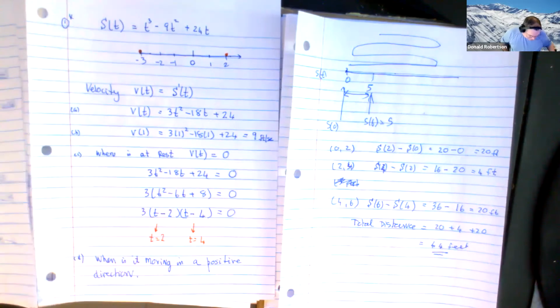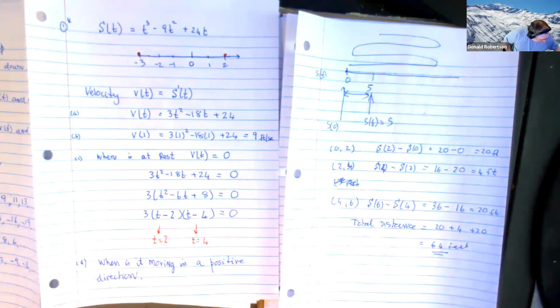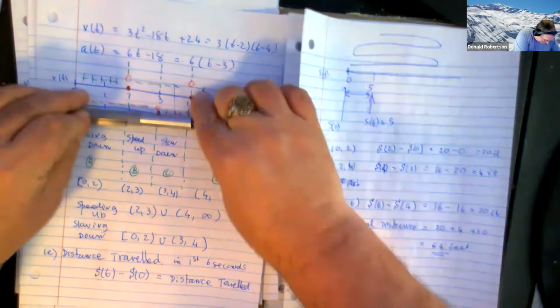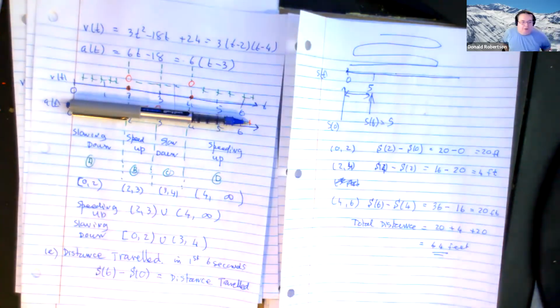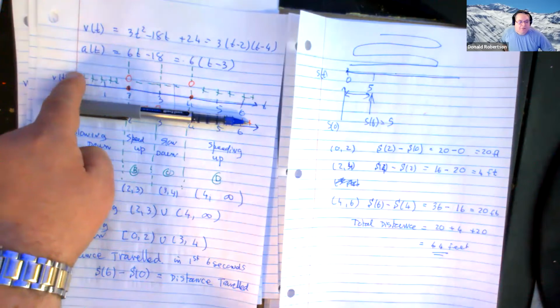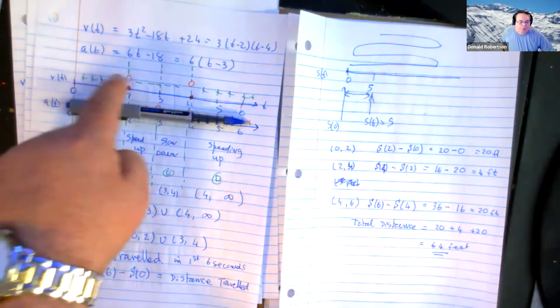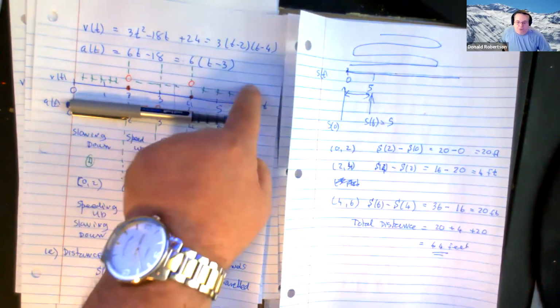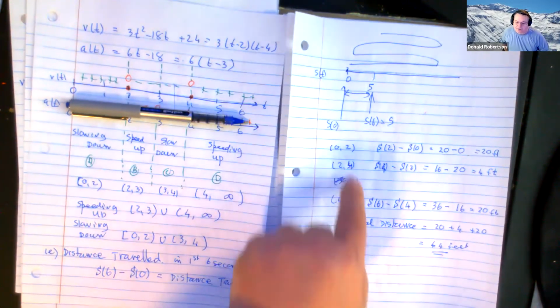So let me explain a little bit more clearly what I did there. Hide that one because it's distracting me. Find the interval where it was positive. Find the interval when the velocity is negative. Find the interval when it's positive. That's 3 separate intervals.